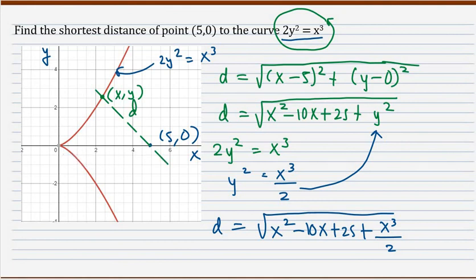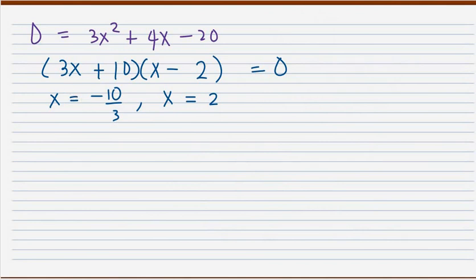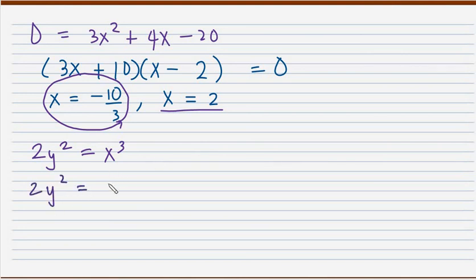Therefore, one value will simply be nullified, and we choose x is equal to 2. When x is equal to 2, our curve's equation 2y squared is equal to x cubed gives 2y squared is equal to 2 cubed, that would be 8, and y squared is equal to 4. So therefore y is equal to plus and minus 2.